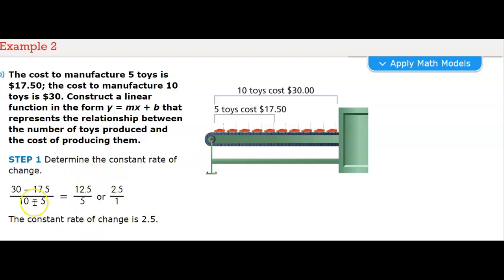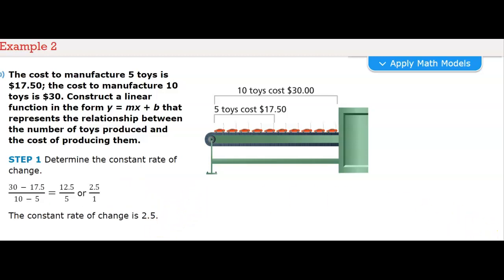So they've taken the 30, which would be your y2, and subtracted it from 17 5/10, which would be your y1, and took your x2 and subtracted it by 5. So then you get 12 5/10 over 5. Or if you simplify it, it's 2 5/10 over 1, which is just 2 5/10. So the constant rate of change is 2 5/10.